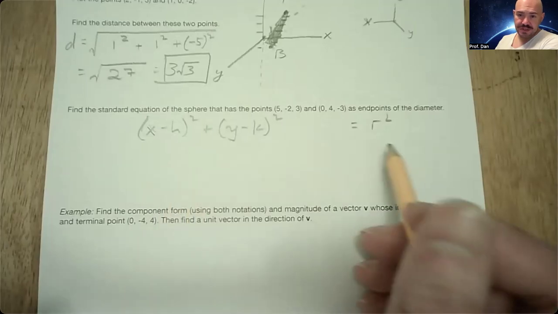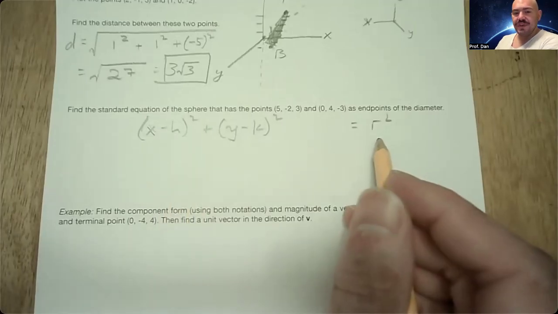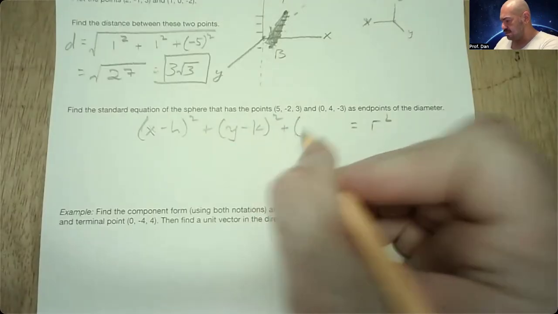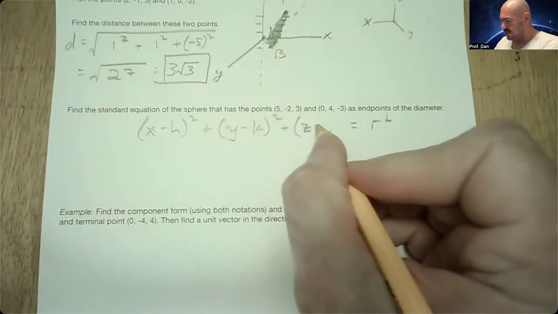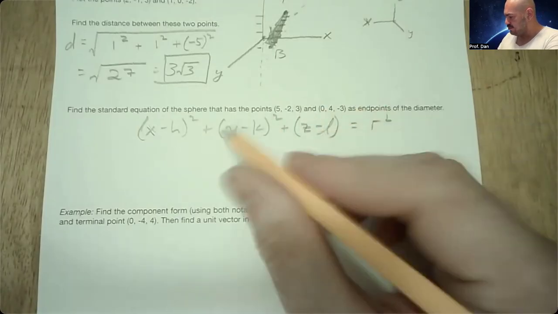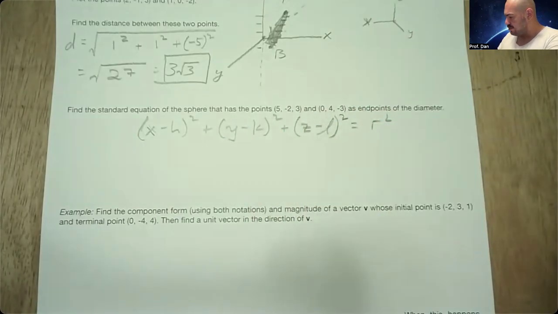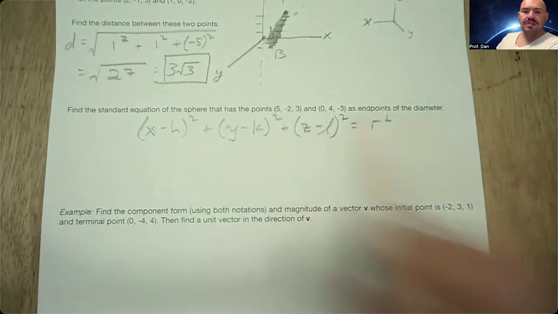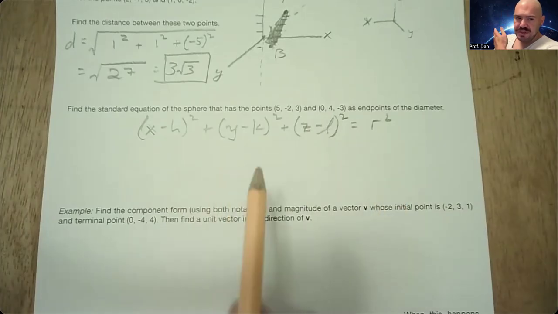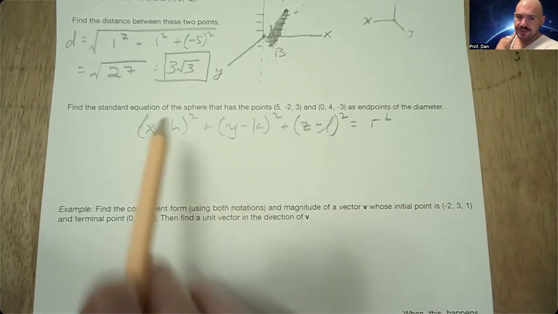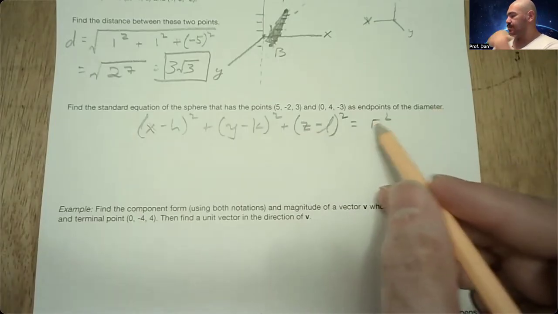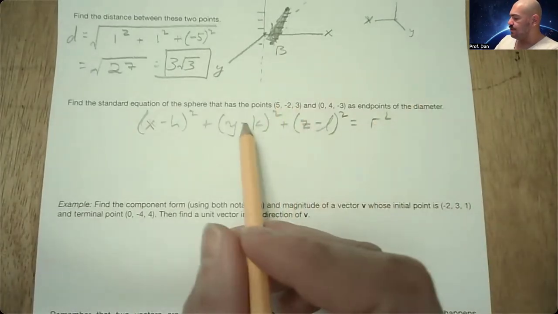This is in 2 dimensions when we have a circle. If I have a sphere in 3 dimensions, then plus (z minus l) squared. All right, so this is basically the standard equation of a sphere with a radius of r.